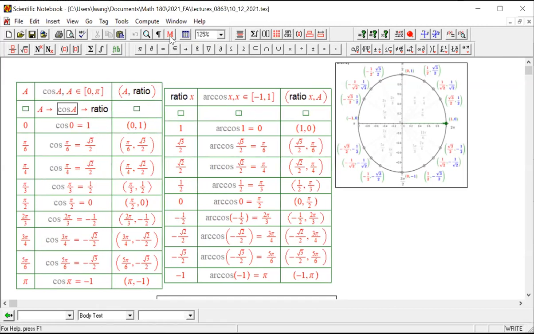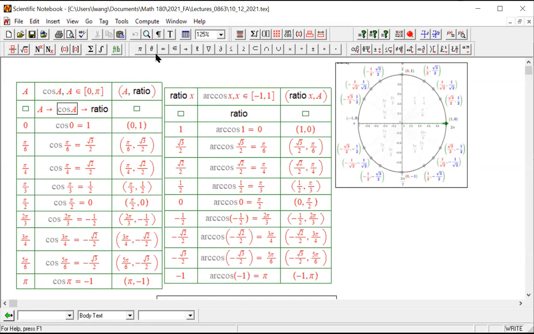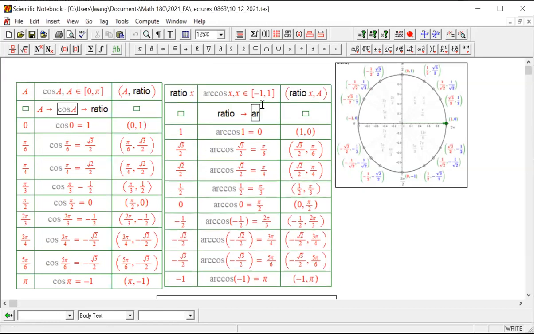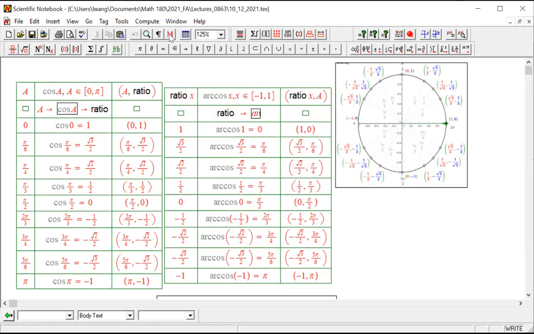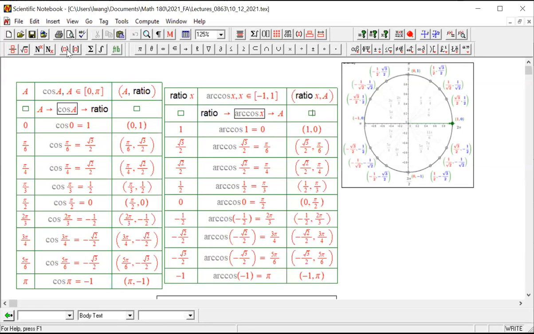And on the other one, ratio is the input, and it comes out as ArcCosine. It produces an angle. So these points will be ratio, angle, like we pointed out over there. Ratio to angle.